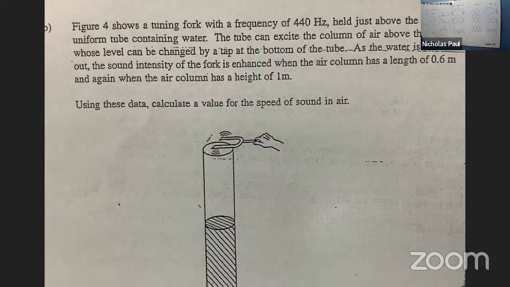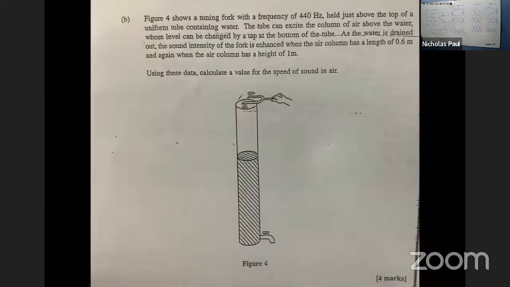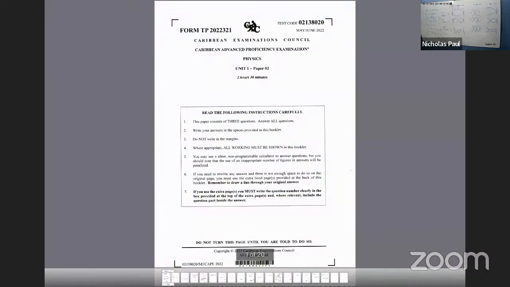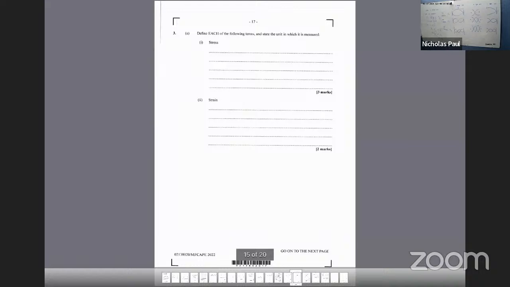Yeah, this one. All right, next one. Last one, all time, last one.